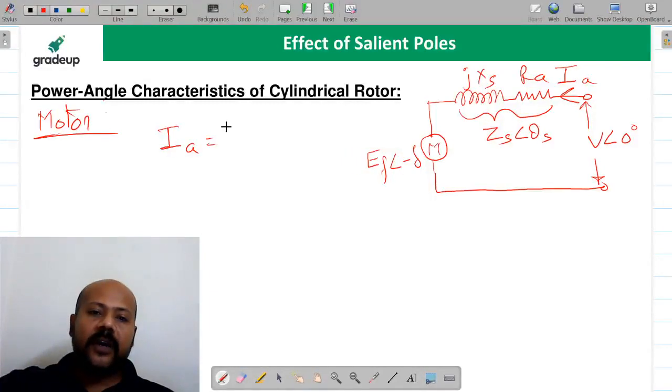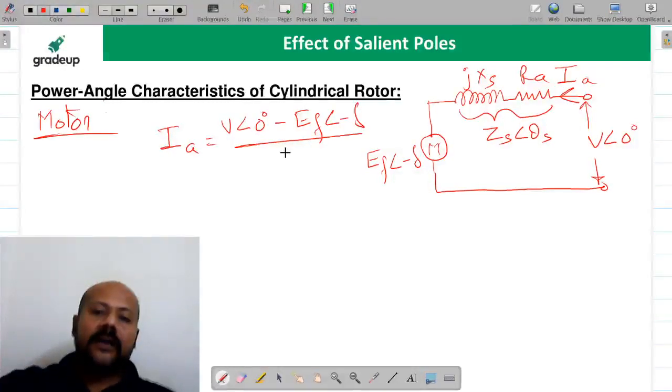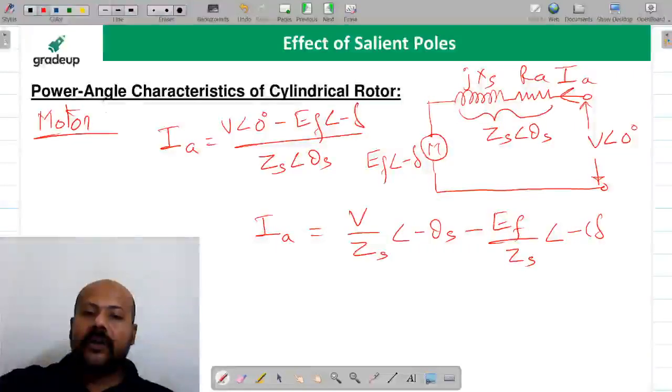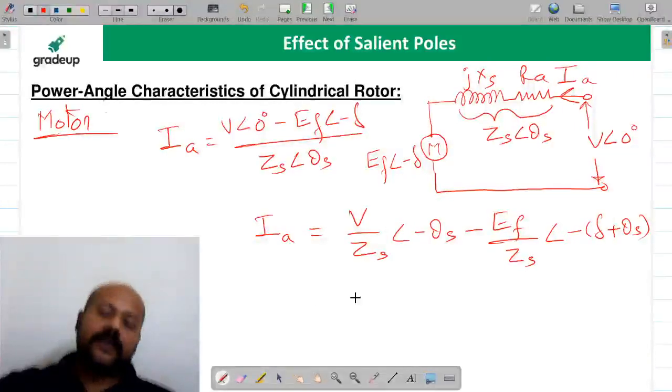So it is going to be V angle 0 minus EF angle minus del divided by ZS angle theta S. Yes or no? Now if you see, you can write IA as V upon ZS angle minus theta S minus EF upon ZS, and this angle is going to be minus of del plus theta S.